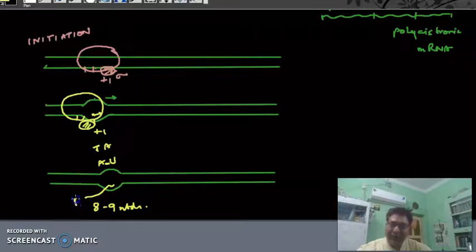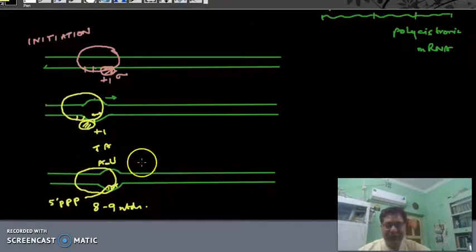The 5' end will be a triphosphate like this. When this RNA is about 8 to 9 nucleotides long, the sigma subunit, this is the RNA polymerase, is released.